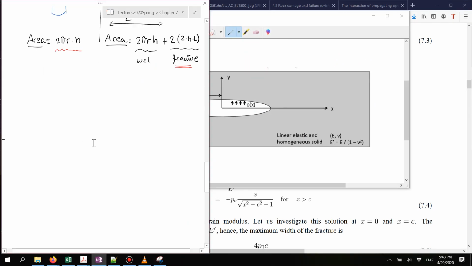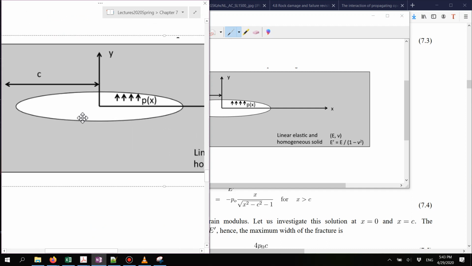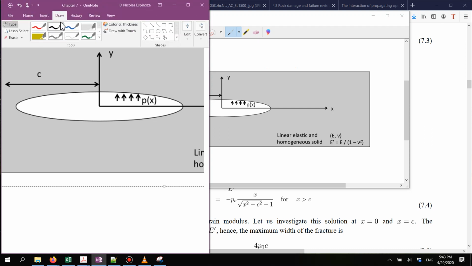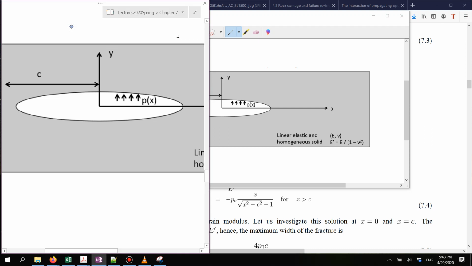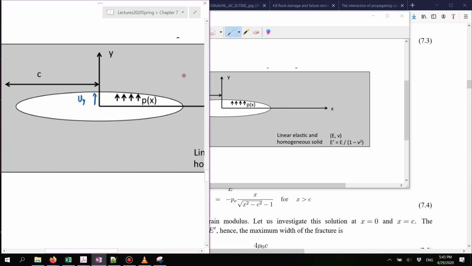Okay, so for this example, let me complete this figure with the displacement. This is going to be the displacement in direction y, and we now are looking at the stress, solving for stress.